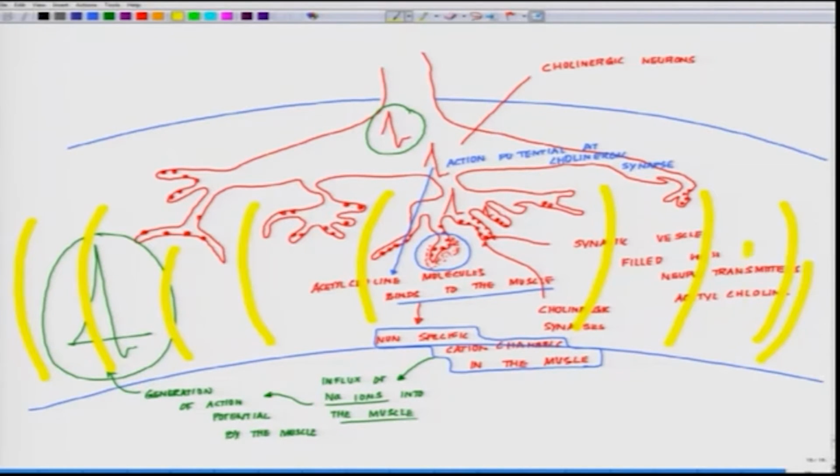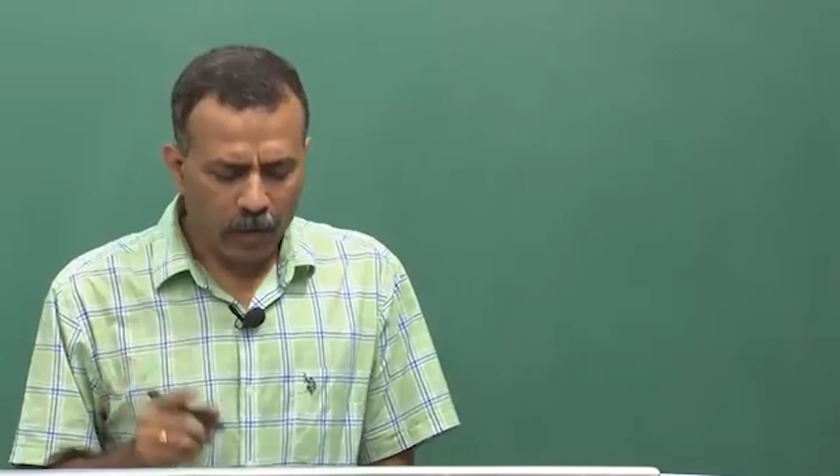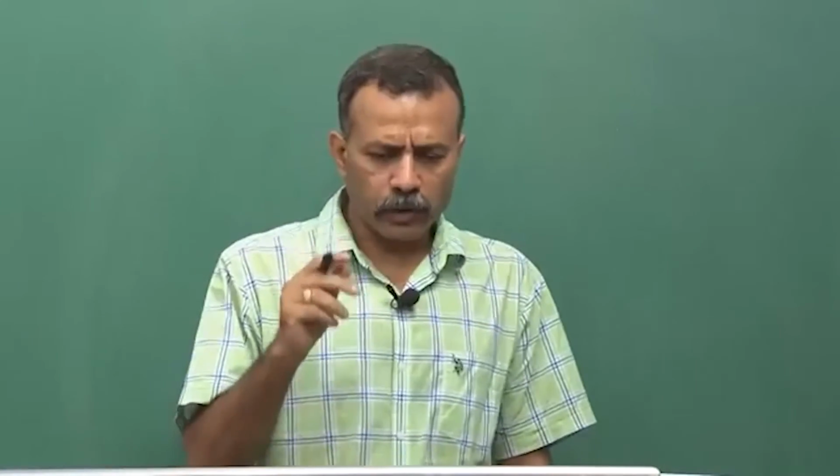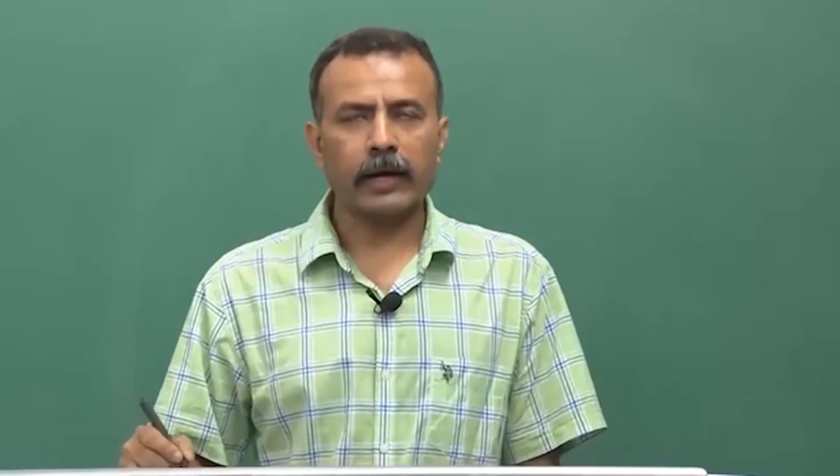Now what we haven't talked about is something else. At the end of the day, the muscle has to perform not only an electrical function but a mechanical action. How does this mechanical action happen? Having gone this far, you have to realize one very interesting aspect.